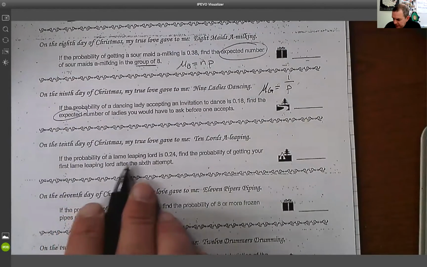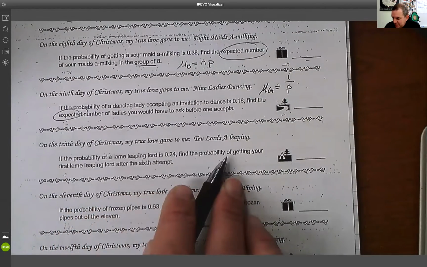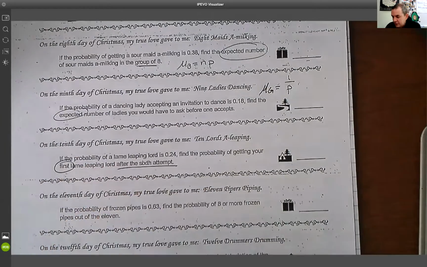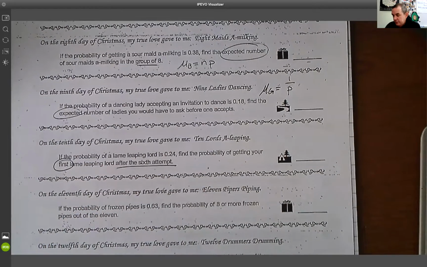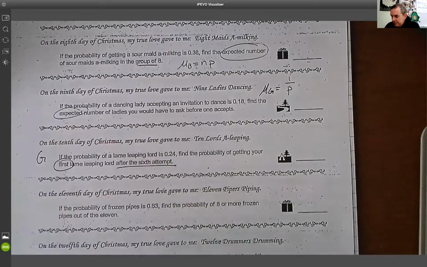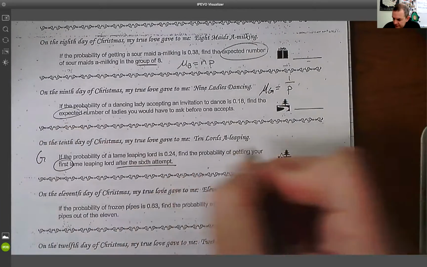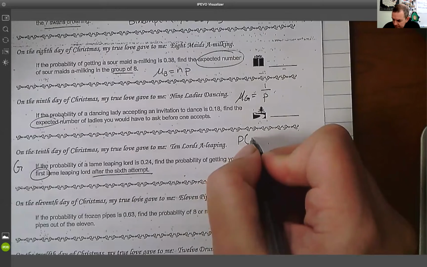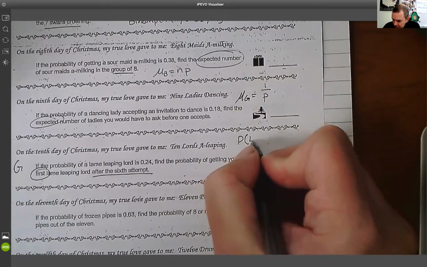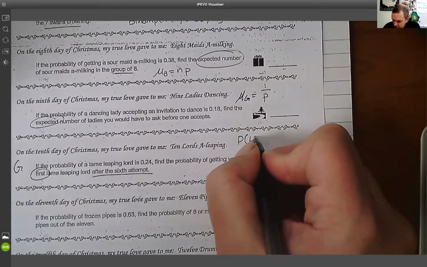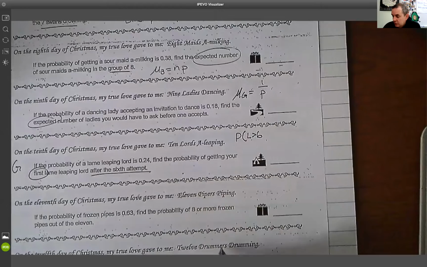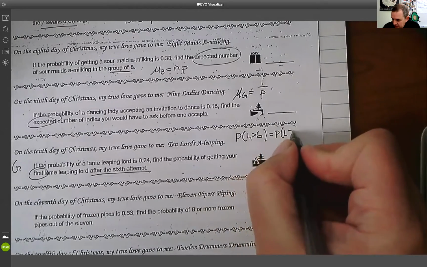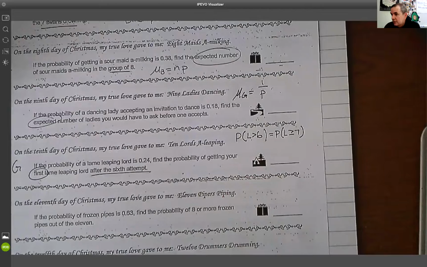If the probability of a leaping lord is 0.24, find the probability of getting your first leaping lord after your 6th attempt. Okay, so first tells me geometric. After your 6th says that the leaping lord is after the 6th, which is really the probability that the leaping lord is the 7th or later.